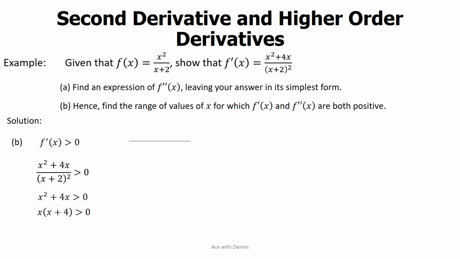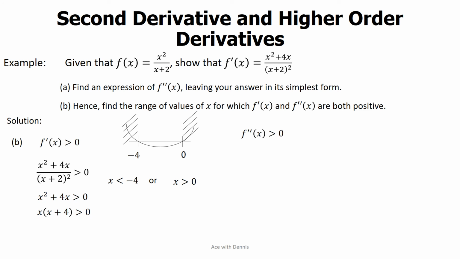We can draw a number line. This number is negative 4. This number is 0. So to make it greater than 0, it is a smiley face. And we take this region and this region. So from here, x is less than negative 4 or x is greater than 0.